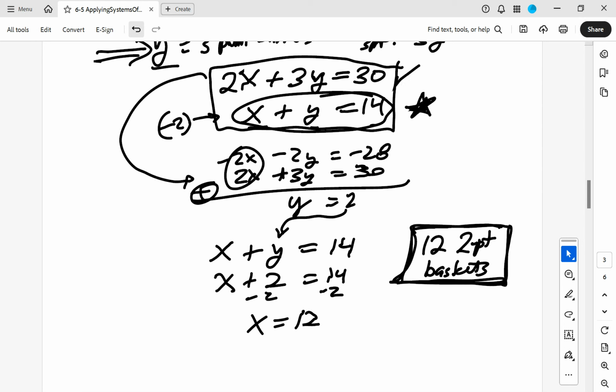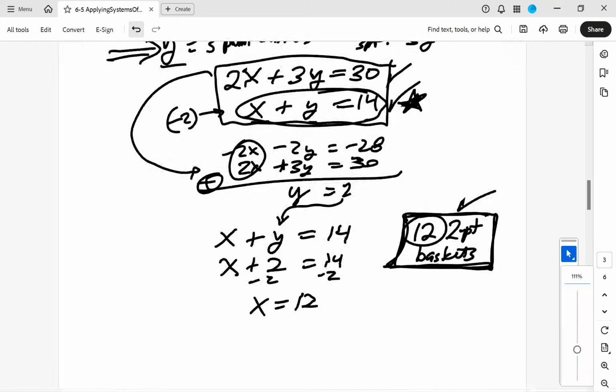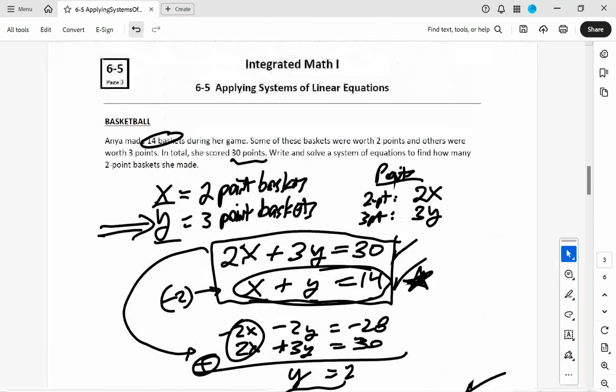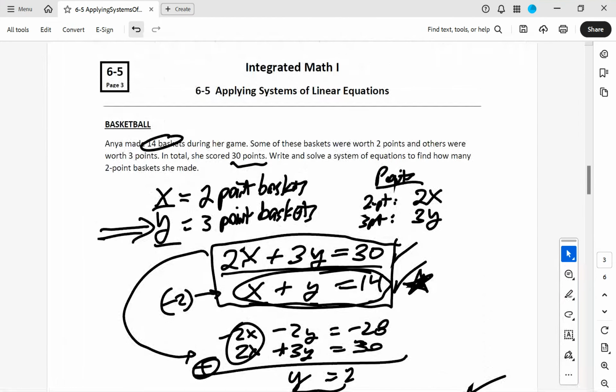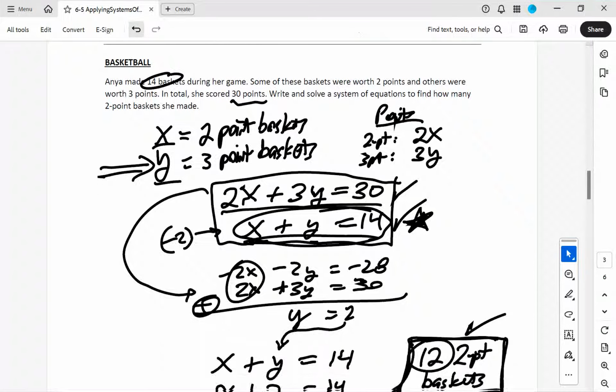So it was write a system of two equations and then solve it to find out how many 2-point baskets, and so the answer is 12. Okay? And that's how you do this type of problem. Nice easy one with basketball, but it still requires the basic things here: you have to be able to make two equations and then use one of the methods to solve it.